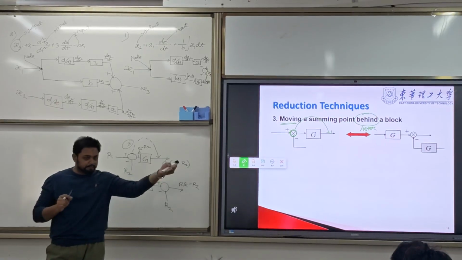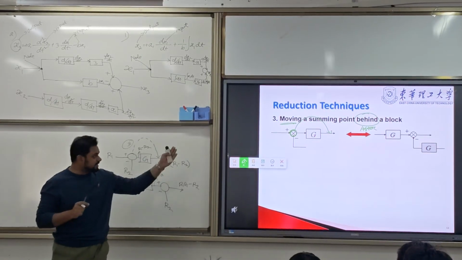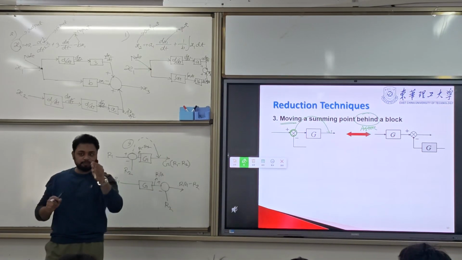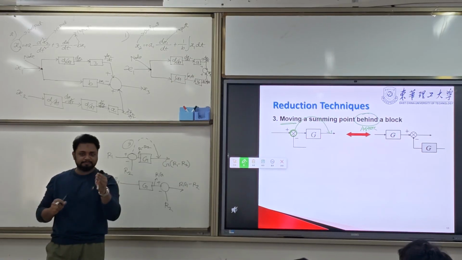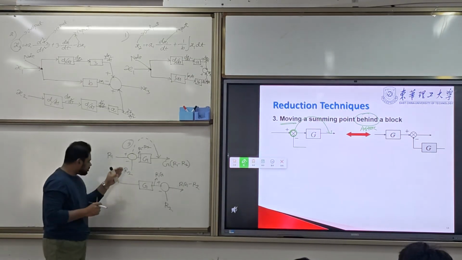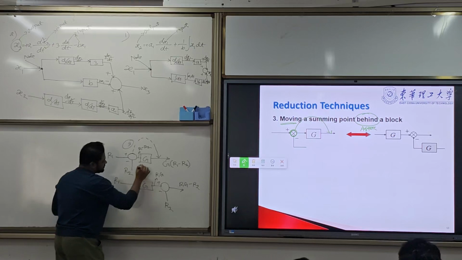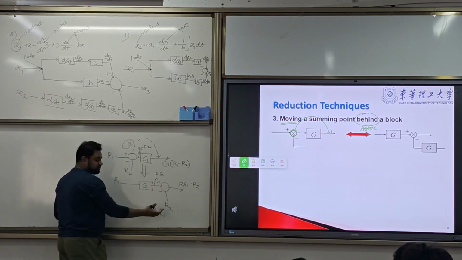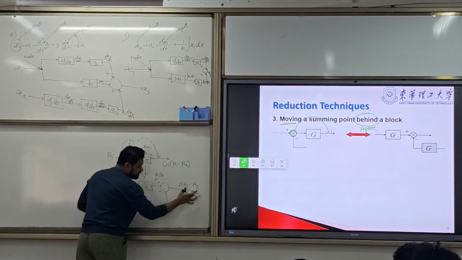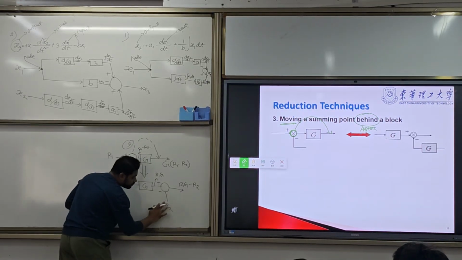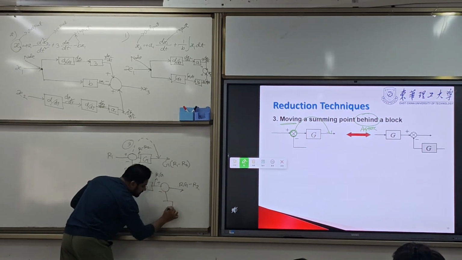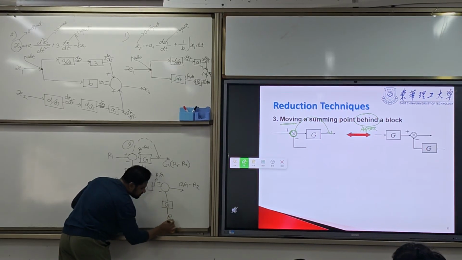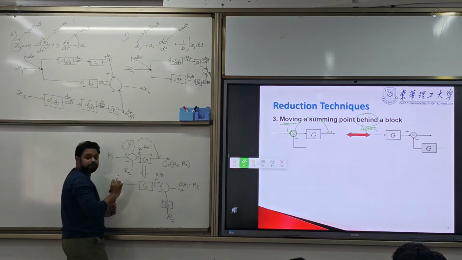When you move a summing point, the output must be the same. Here it is not the same. I moved the summing point from here, and it is not the same, because here it is R2. So what do we need to do? We need to multiply with the gain, then we can have the same.